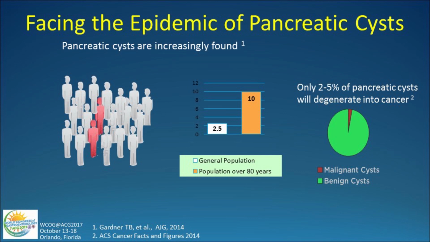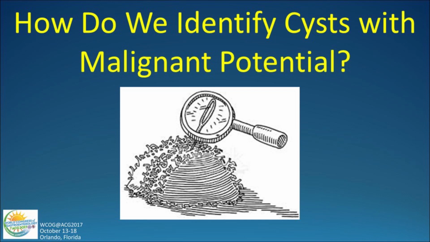So if you figure there's 320 million people in the US, that's over 8 million pancreatic cysts that we're going to find. But less than 5% of those, or the minority of cysts, are ever going to turn into cancer. So our job is trying to distinguish which of those few cysts are going to have malignant potential.